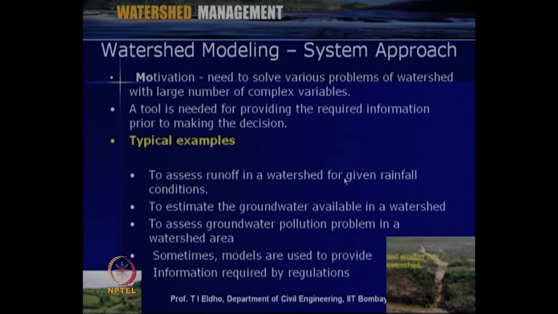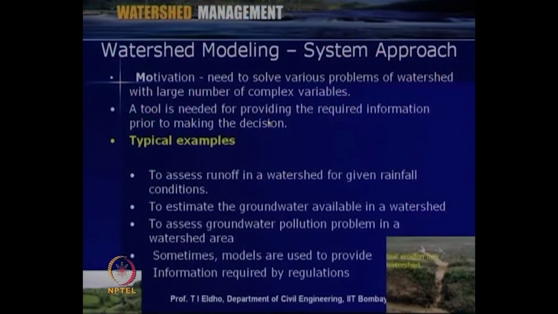So, we have already seen that there are a number of variables we have to deal with, starting from rainfall to runoff, then various hydrological processes like infiltration, evaporation, transpiration, and interception. So, this is a very complex procedure, with a number of complex variables involved in this modeling aspect.